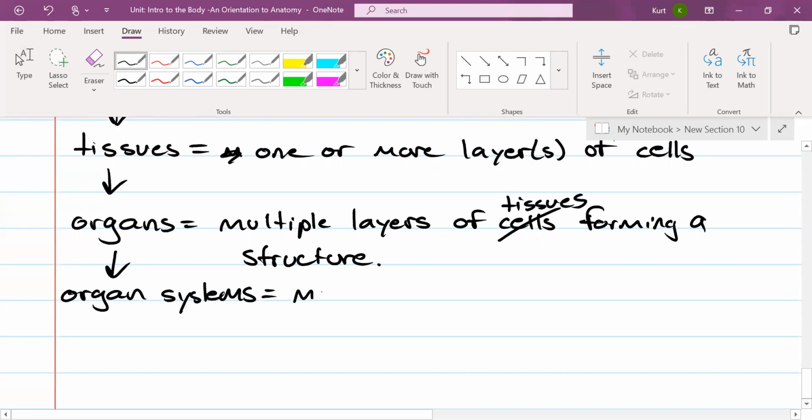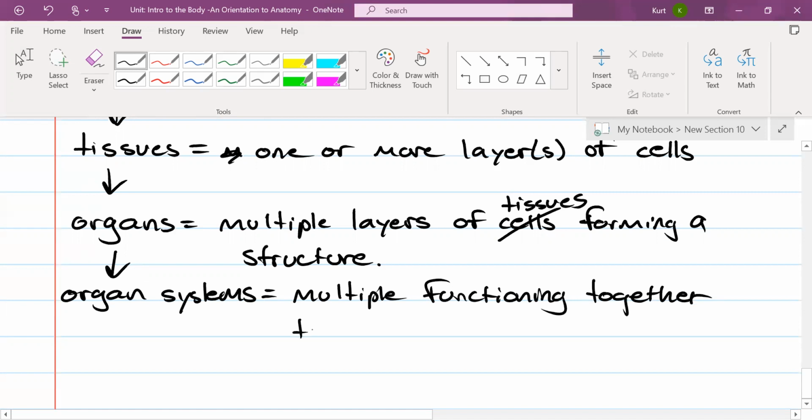Organ systems would be multiple organs functioning together to achieve a common goal. Like your cardiovascular system's common goal is to pass nutrients and gases throughout your body. Oxygen circulating, get rid of the CO2, pass along nutrients and vitamins and minerals.